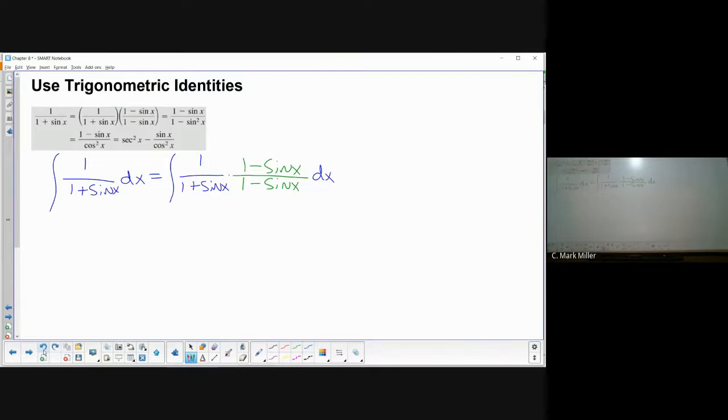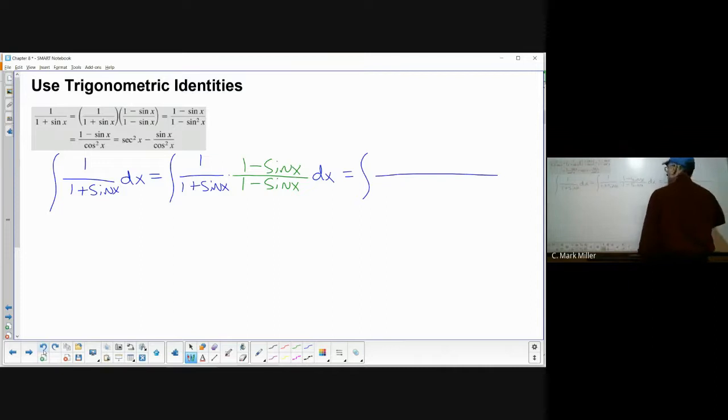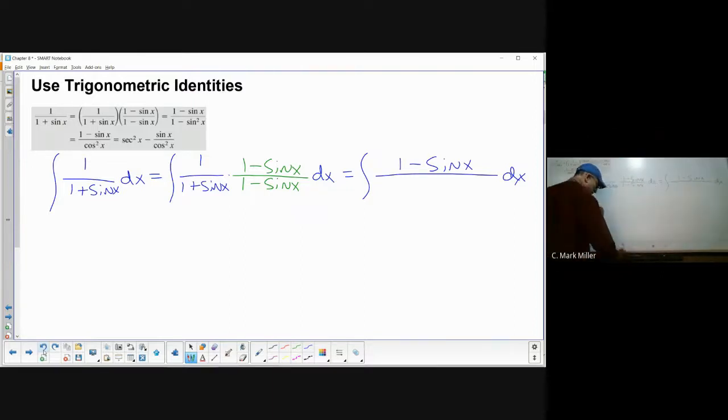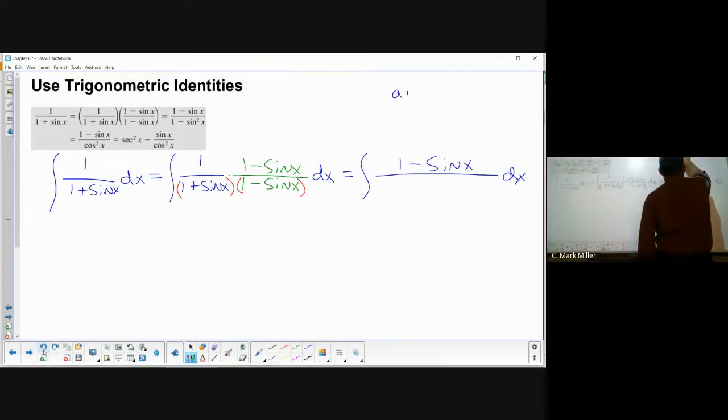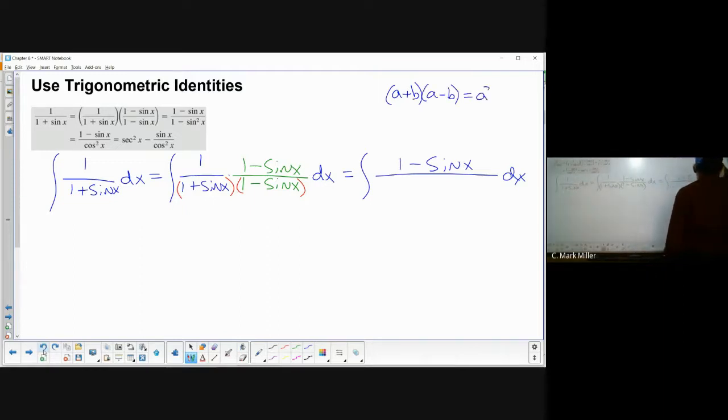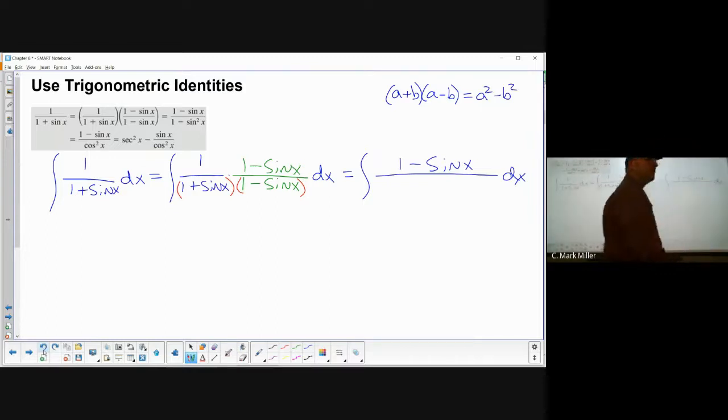What is that going to do? Well, multiply across the top. You're going to have the integral of 1 minus sine x. The bottom, you should treat like this: 1 plus sine x times 1 minus sine x. So algebra technique, a plus b times a minus b is a squared minus b squared. So this is going to be 1 squared minus sine squared.